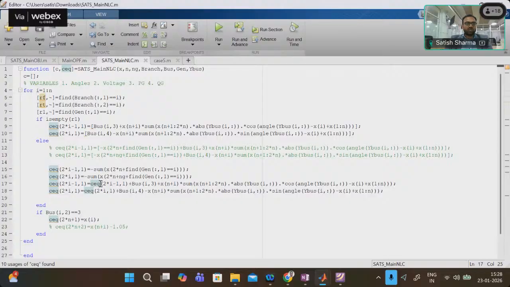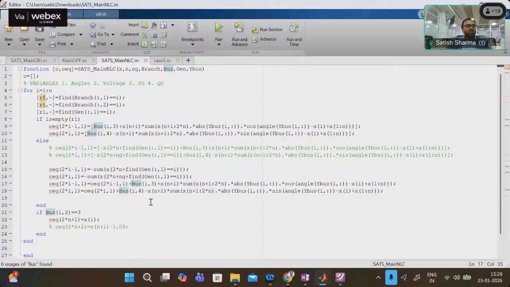Here you can see the Ceq and whatever we defined earlier. So this Pg and Qg has been defined. Here, whatever is the summation of Pg, this is earlier Pg plus Pd. Okay.